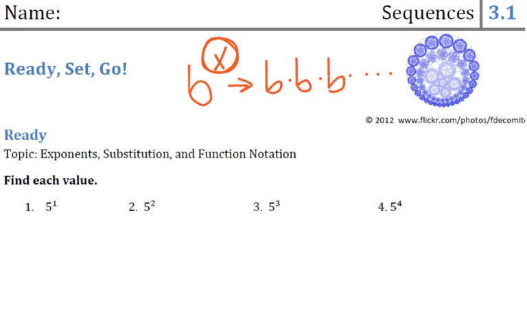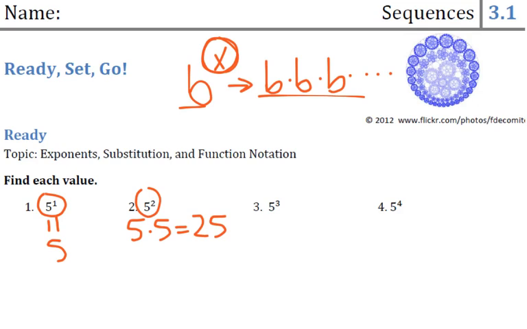It's telling us how many times we are multiplying the base, the number on the bottom. So for this one, it would be 5 one time, which would give us 5. Here would be 5 two times, so it would be 5 times 5, which gives us 25. Number 3 would be 5 three times, so 5 times 5 times 5, which would be 25 times 5, which is 125.